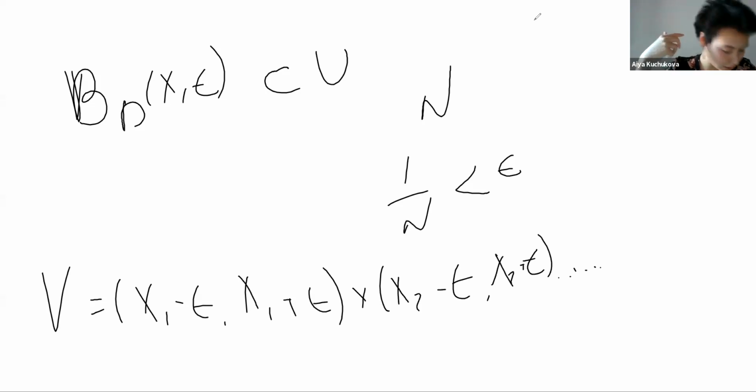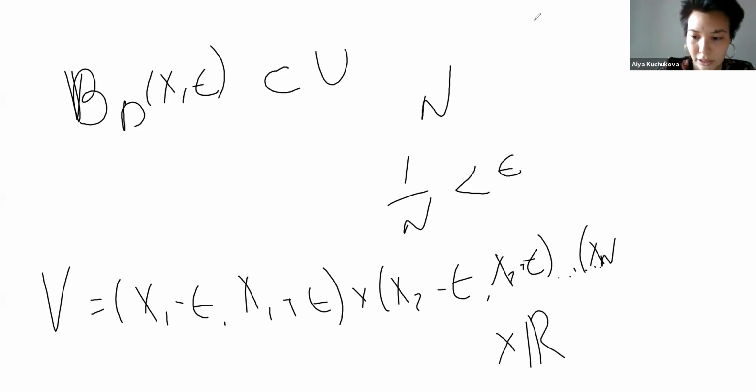This looks fine, but you have to remember that it's only for a finite number of things. It continues till x_n, and then it just multiplies by R, right? So this is a basis element of the product topology.